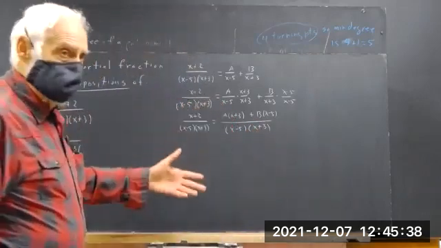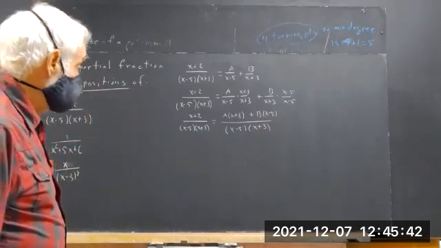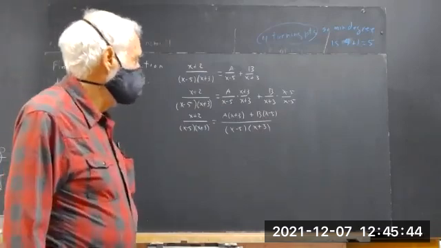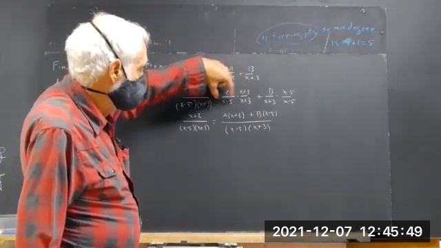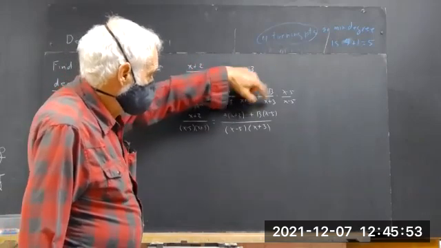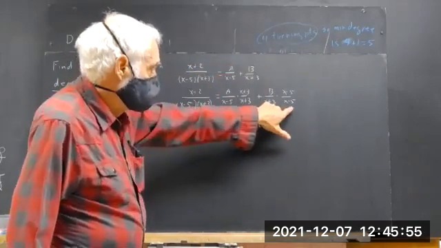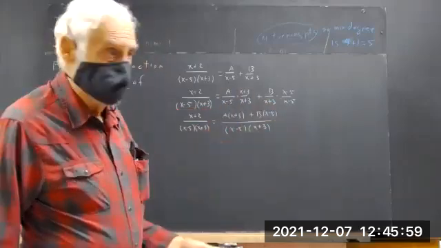So there's an intermediate step, and I don't recommend that you skip that intermediate step. But you get a times x plus 3 over x minus 5 times x plus 3, and b times x minus 5 over x plus 3 times x minus 5, which is the same as x minus 5 over x plus 3.